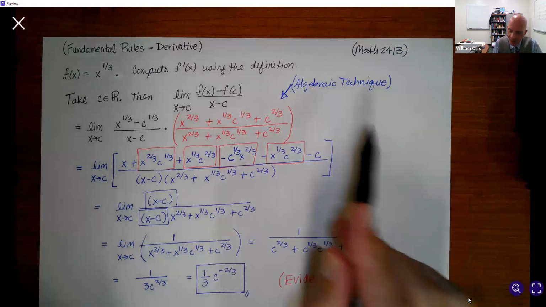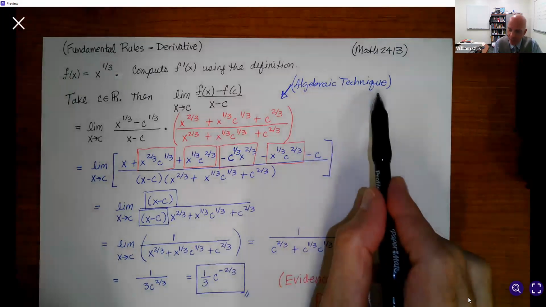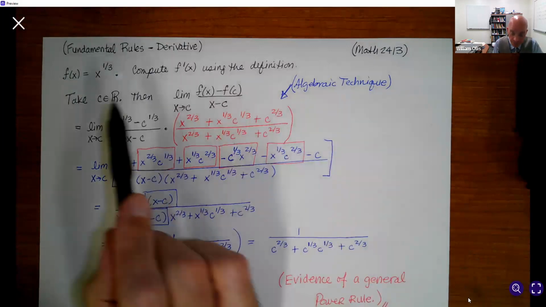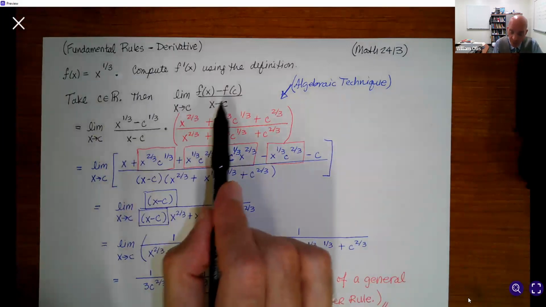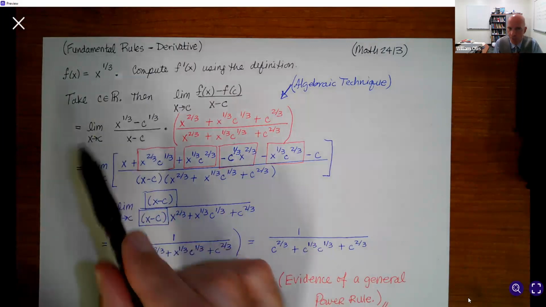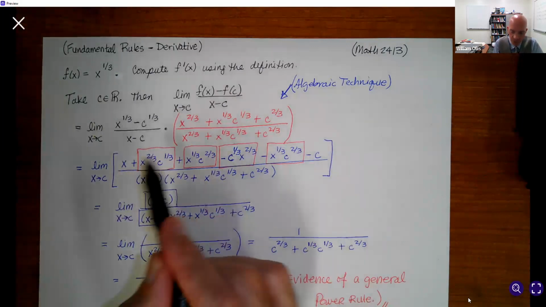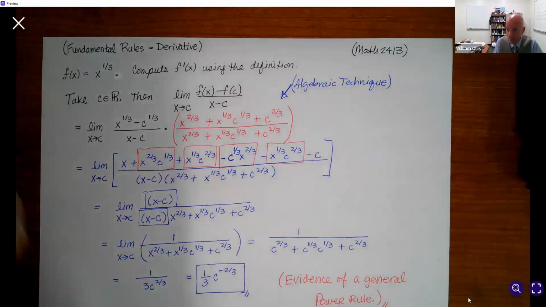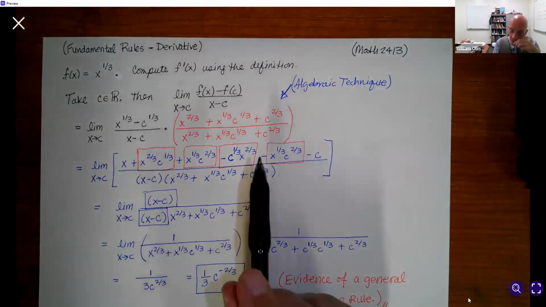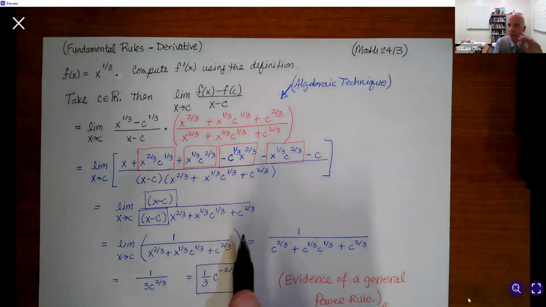So what I've got here is basically an algebraic technique. But look, we take c to be a real number and we just form this difference quotient. But of course, at that point, we're thinking, okay, well, we're going to have to get rid of that x minus c in the denominator. We must absorb that if we're going to have any hope of computing this limit. Now, what you can do here, you know that you're going to have more than two terms in the expression that you use.